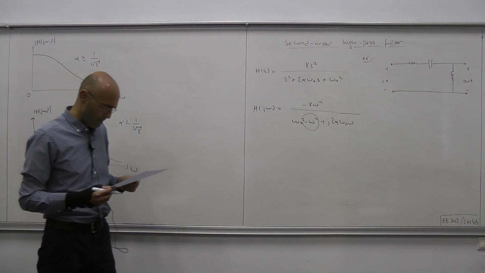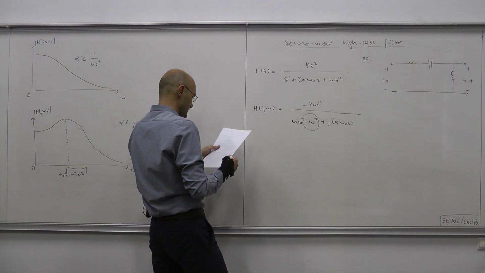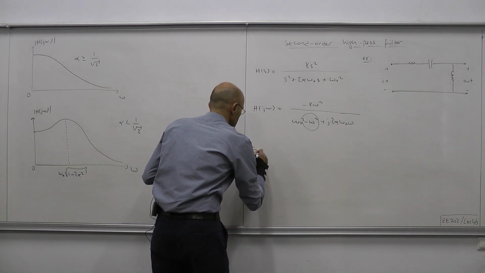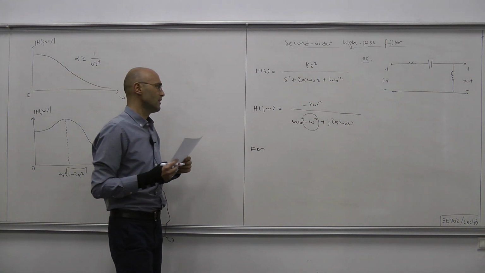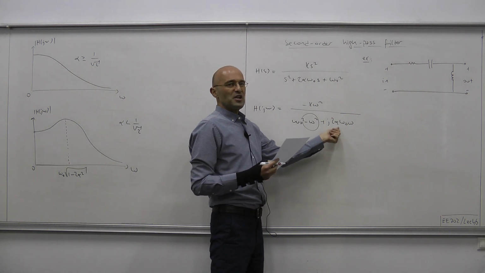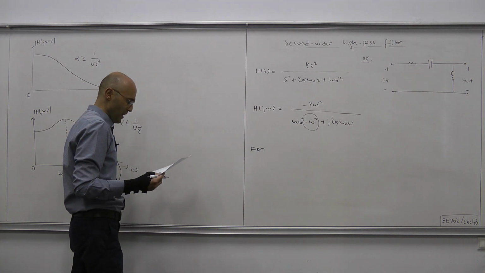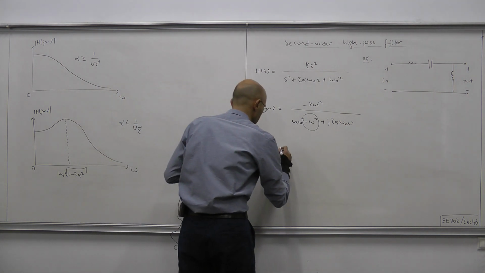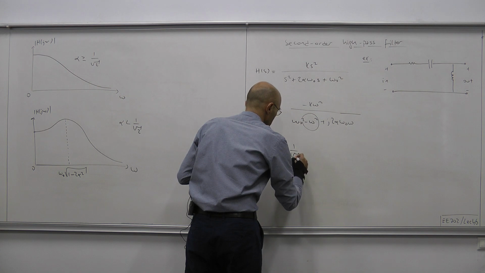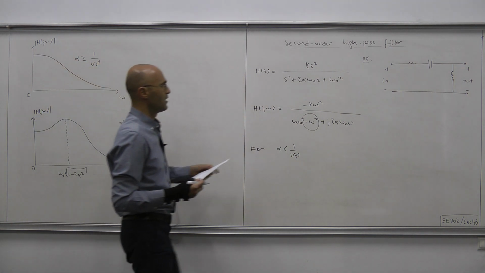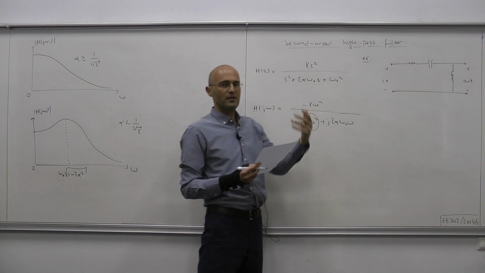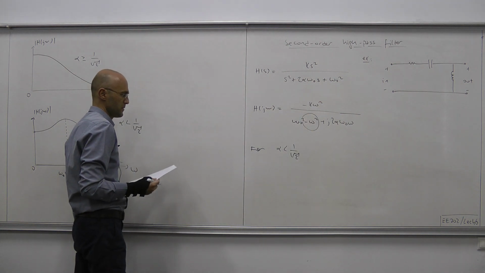That's why this produces a high pass characteristic. Again, the shape of the gain function depends on whether alpha is small or large, and by small or large we mean alpha less than 1 over square root of 2 or larger than 1 over square root of 2. Note that both alpha and omega 0 are positive real numbers.